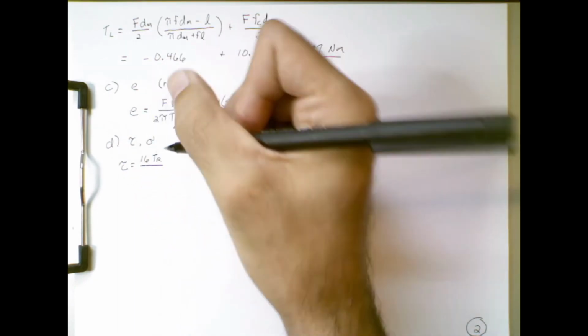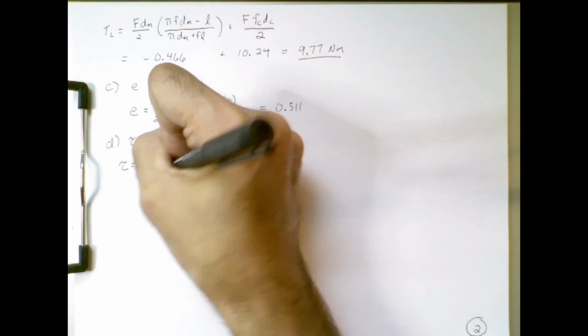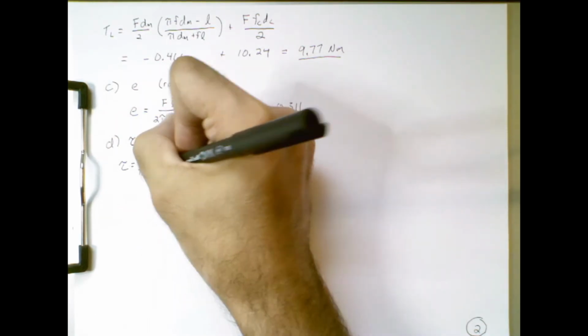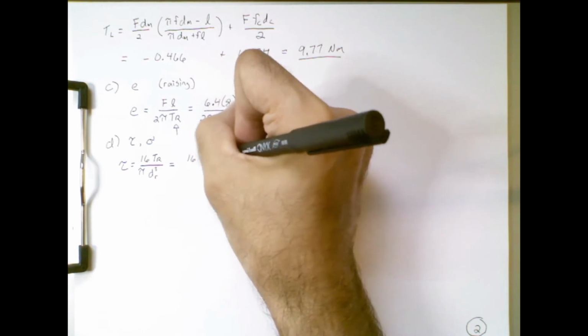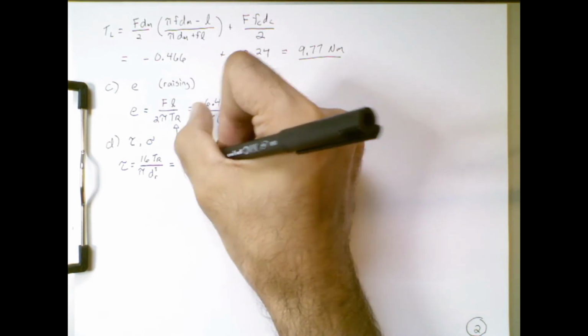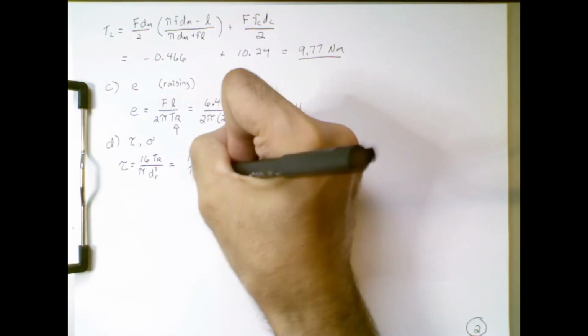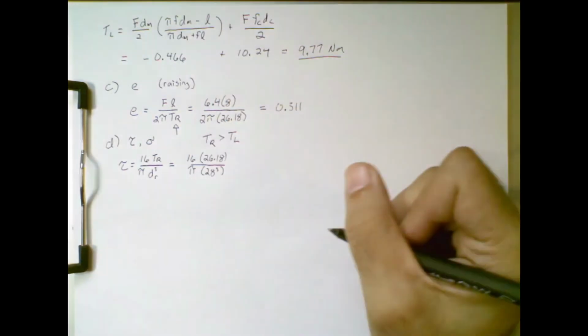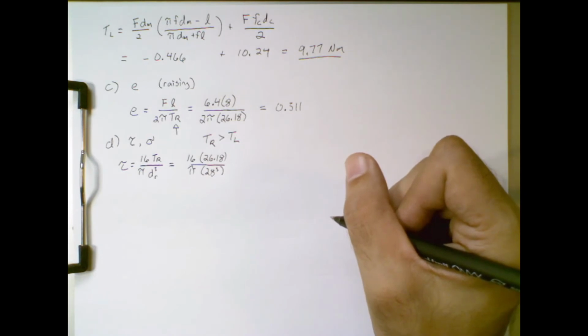Okay, the body shear stress is 16 times the torque, remember, we're using the torque required to raise the load, over pi times the root diameter cubed. We get 16 times 26.18 over pi times 28 cubed. Now we need to pay attention to units here and make sure that we include any multiplying factors that may be important.